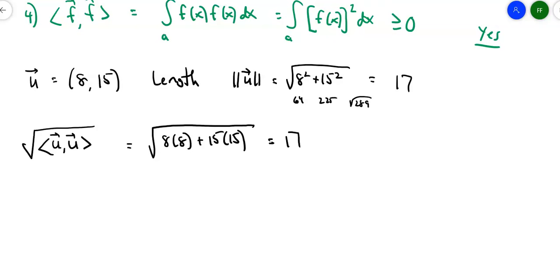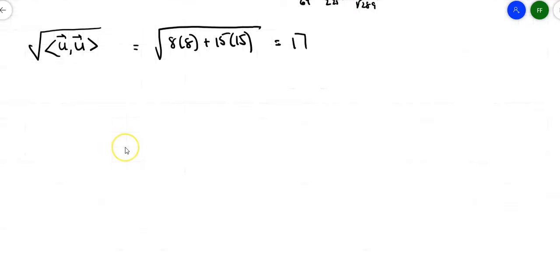Sure, I get the same thing. So why is this useful? Why do it this way and not just by the Pythagorean theorem every time? Well, what if you have an inner product that's not the Euclidean one, or that is weighted? That's the whole point of this. Then you're going to need to use that definition that I just gave you.